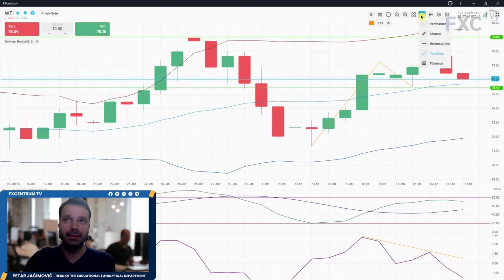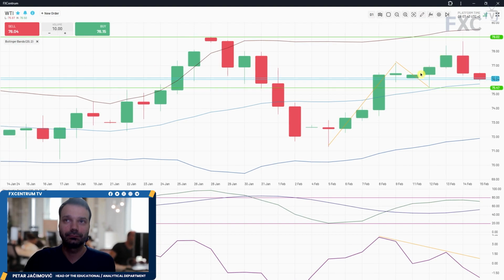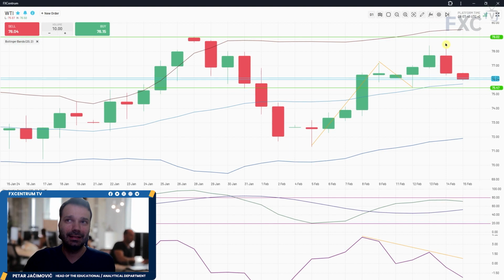That was the secondary swing high, the higher high, but the oscillator made a lower high. And yesterday's big reversal bar was probably the catalyst for the downside to continue.